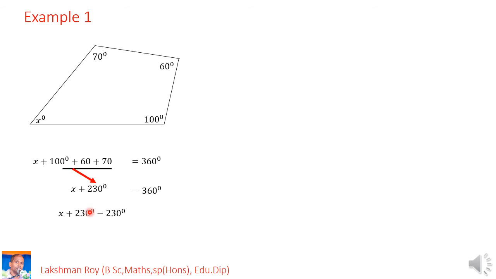You have to subtract 230 degrees from the left side and also from the right side because of the equation. Then 230 positive and negative cancel to 0, here remains only x. 360 minus 230, you get 130, so that is the value of x. So that is example 1.